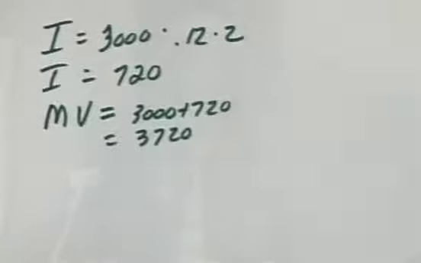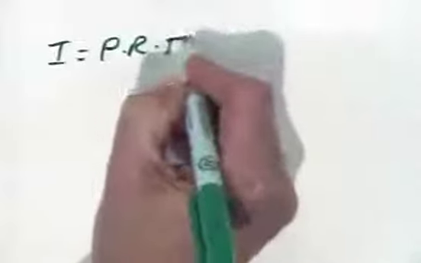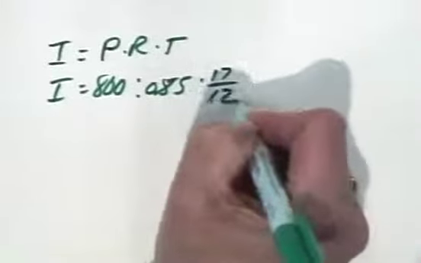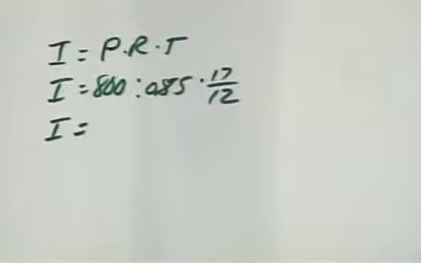Next problem. A loan of $800 is made at 8.5% simple interest for 17 months. What is the maturity value of the loan? Once again, you're going to calculate the interest. Once you know what the interest is, then you need to add it to the principal to come up with how much money we're going to pay back. $800, we've got 0.085, and 17 over 12, because it's a monthly loan, so we do 17 divided by 12.